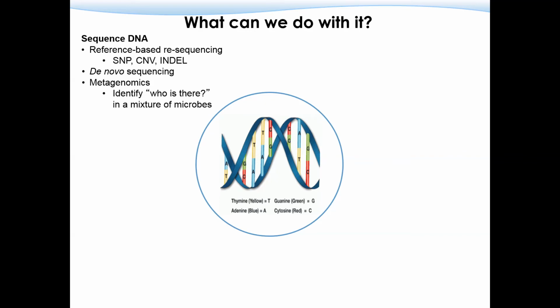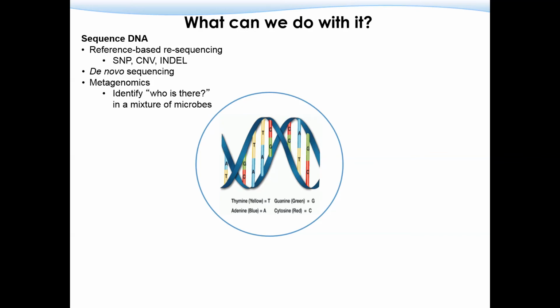The third one is called metagenomics, which is not sequencing human DNA anymore. It's coming from a piece of either soil or seawater or our skin or the gut or whatever, and then we sequence it to identify who is there in the mixture of microbiome species.